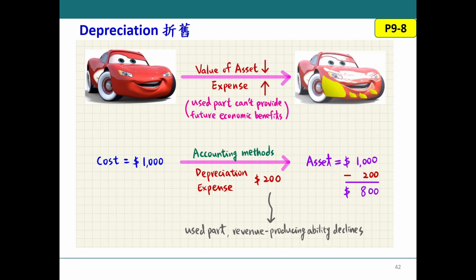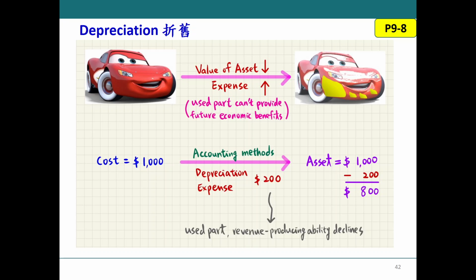So on slide page 42, based on the cost, what's the cost? 1 plus 2, how much money we spent? $1,000. After I use it 1 year, you should understand, its value should be decreased, right? Decrease how much? Here, I assume $800. This $800 is based on accounting methods. We will help you to estimate the numbers, okay?